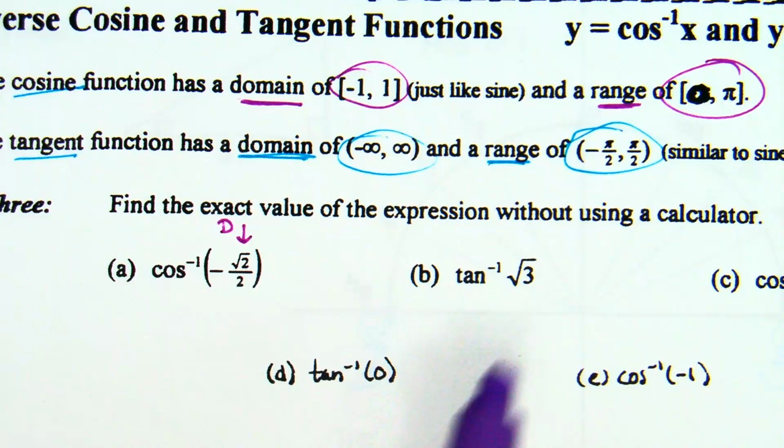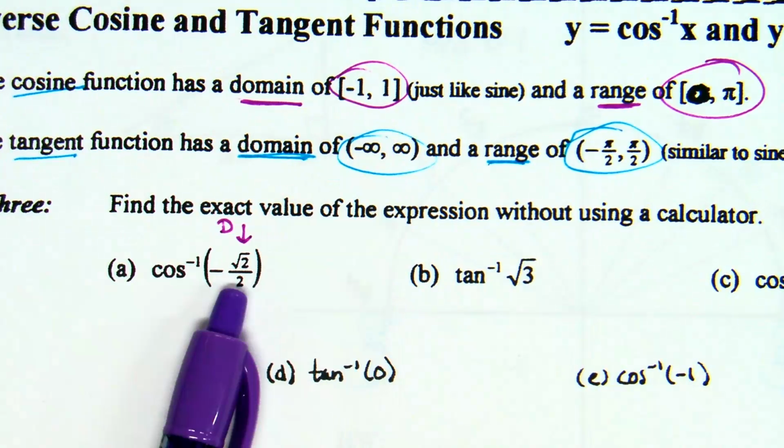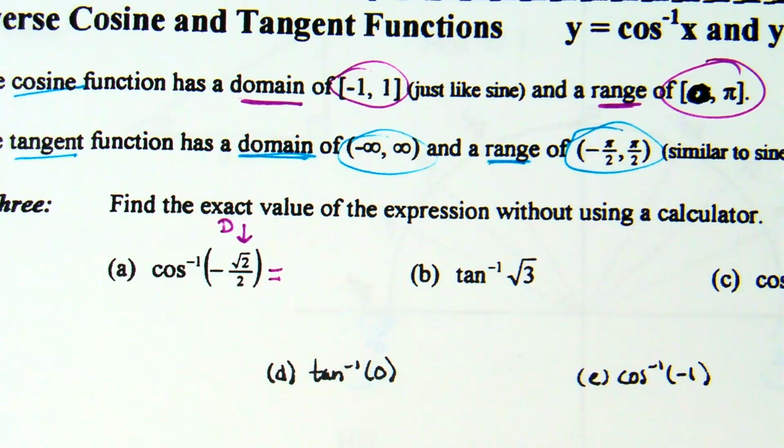Because the domain of cosine is negative 1 to 1. Square root of 2 divided by 2 would be like 1.4 divided by 2, so that's like 0.7 or something. So that is an appropriate domain, which I always want to check. Now, forget the negative for a moment. Where do you know cosine equals square root of 2 over 2, according to your chart?